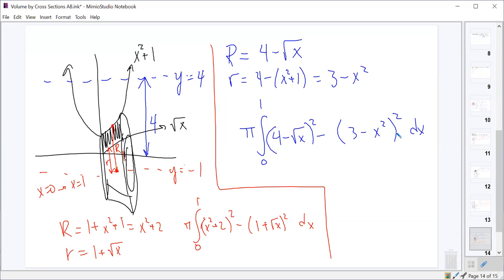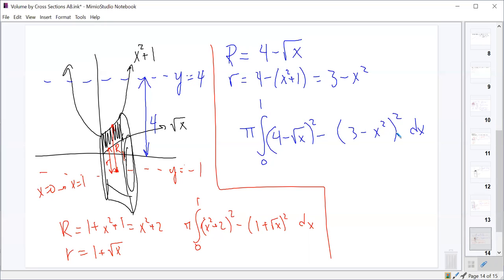Good or no? And obviously you could distribute all that out, in any rate, but you should be able to do that integration by now.